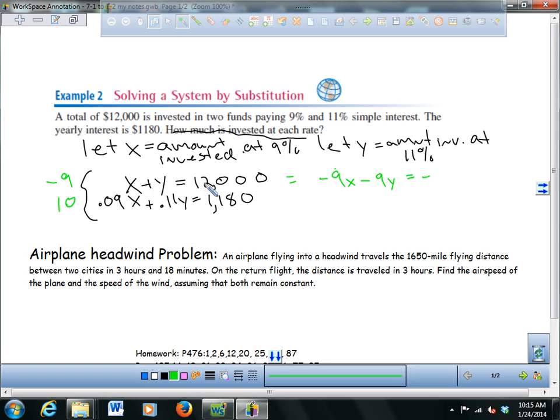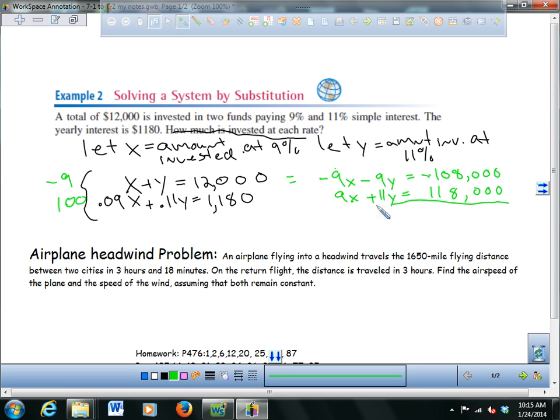That makes negative 108,000. And when I multiply this equation by 100, I get positive 9x plus 11y equals 100 times that, which is 118,000.